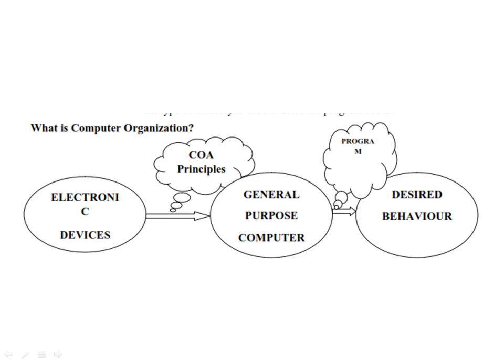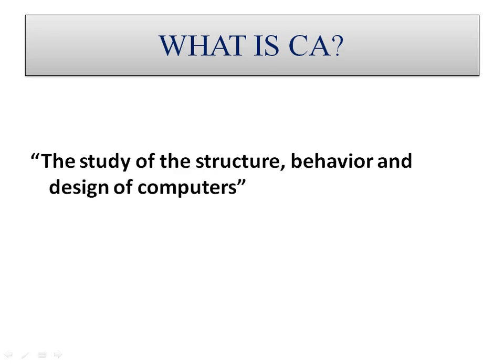We know diodes, transistors and integrated circuits, digital ICs, analog ICs; all these are electronic devices. When you apply computer architecture principles on these electronic devices, as per our definition, you first understand the structure, analyze the behavior, then design the computer.